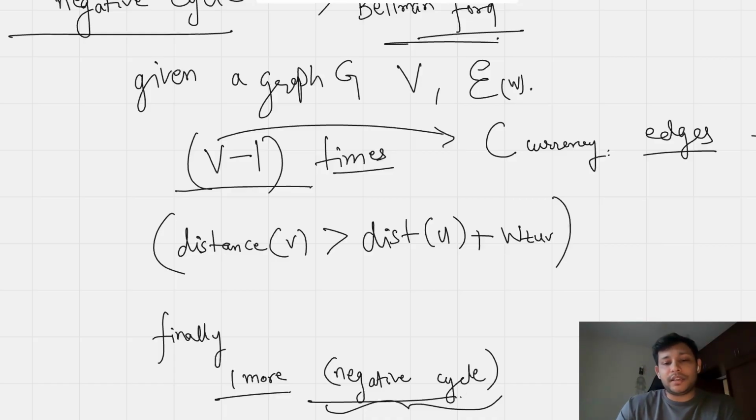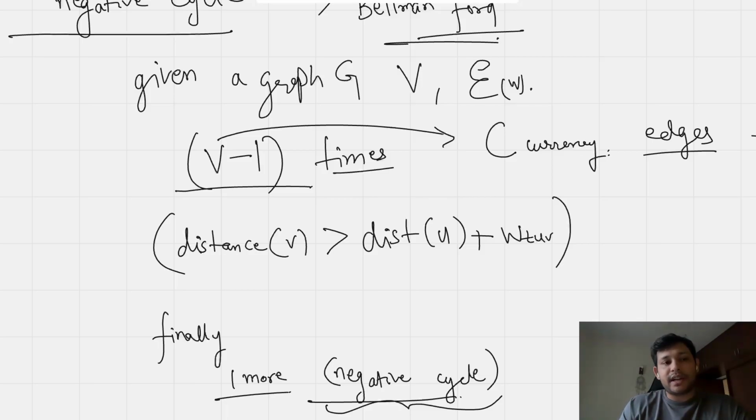So let's quickly see the implementation here. In Bellman Ford, I have a start currency and an exchange rates map.